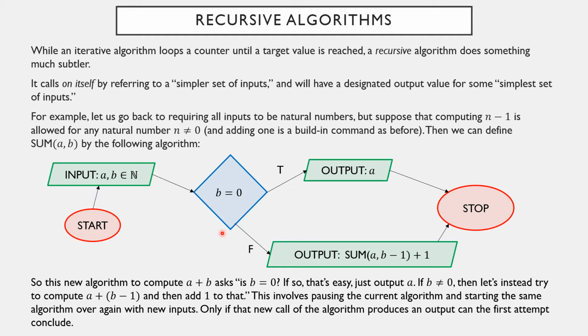If not, try to add a and a somewhat smaller number, but then add 1 to make up for the fact that this number had been made smaller. So what you have to do at this stage in the algorithm is basically pause the one that's currently running and start a new algorithm for this here. But this whole algorithm is the sum algorithm. So we start running through it and we pause it, and then we take this new set of inputs and try again.